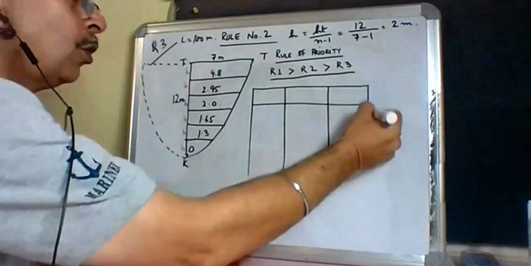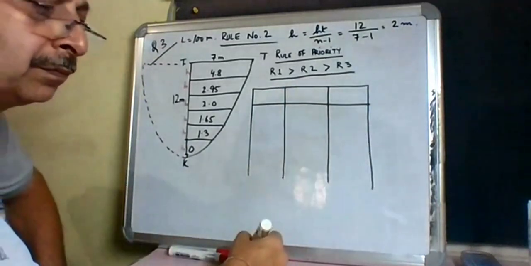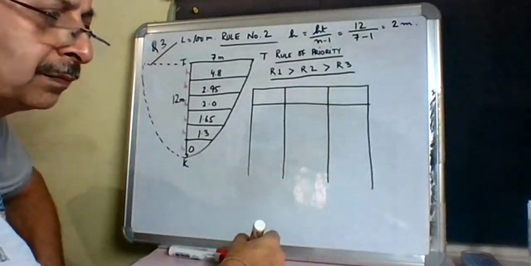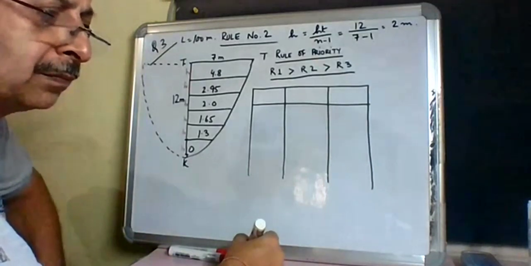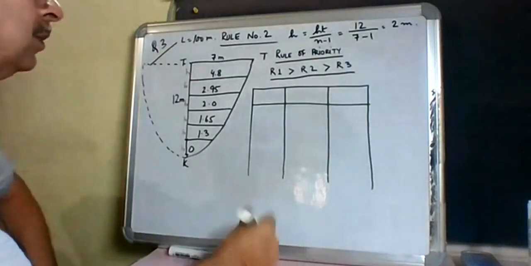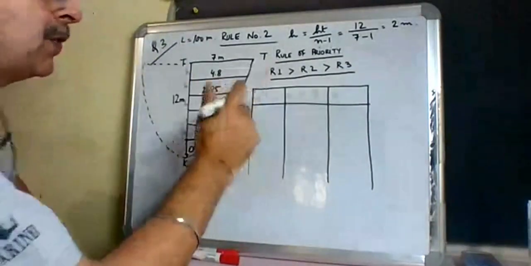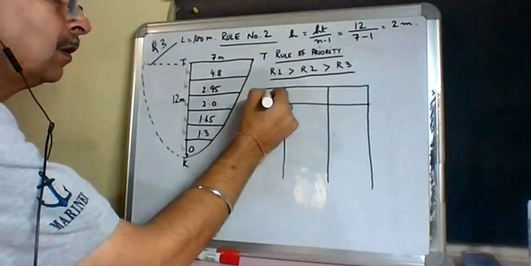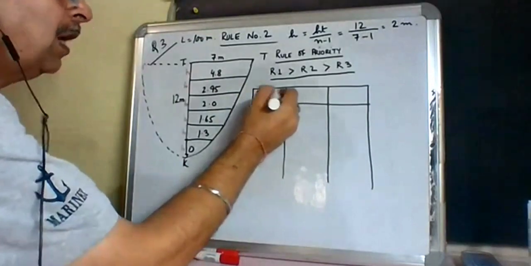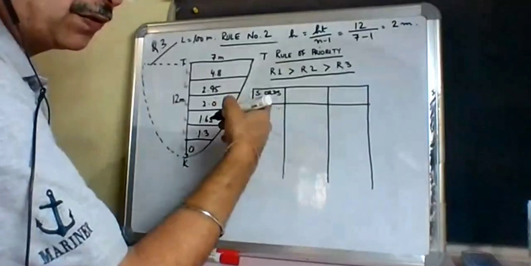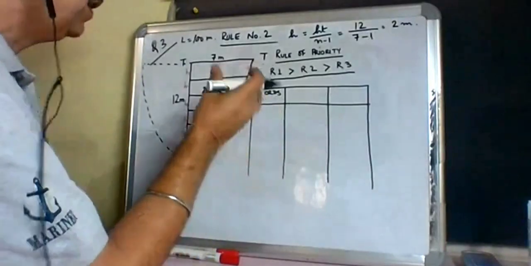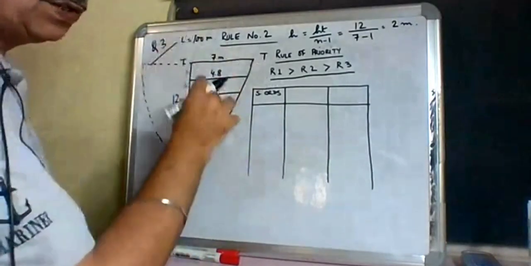What will be the title of the first column? Ordinates. Because it's half breadth, it will become semi-ordinates. So when we use half breadths in a question, then it is semi-ordinates. When it's full breadths, then it is ordinates.